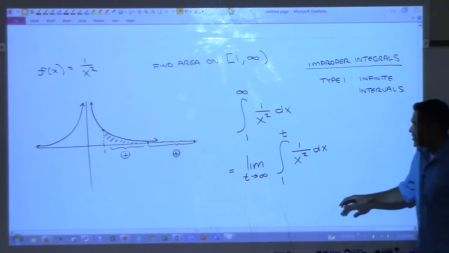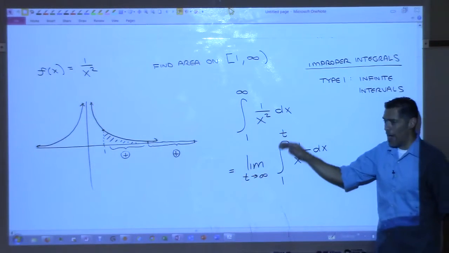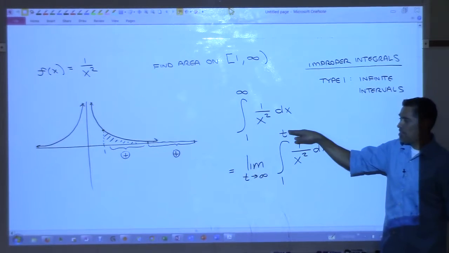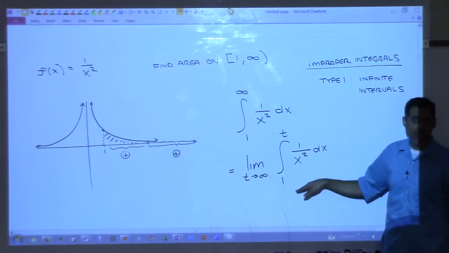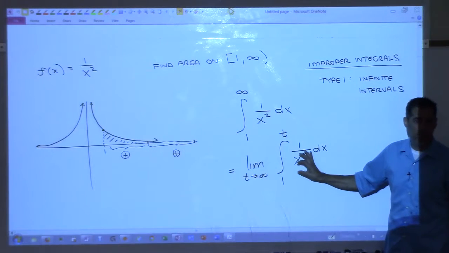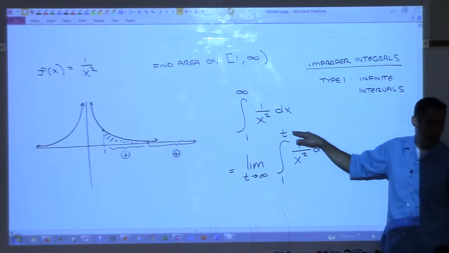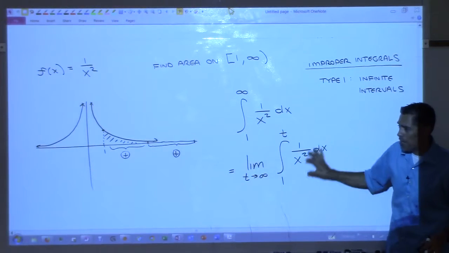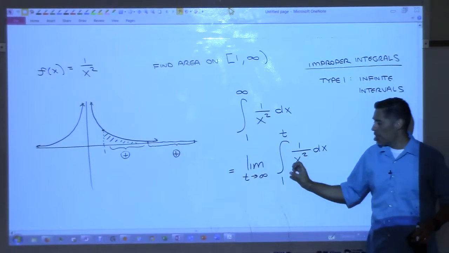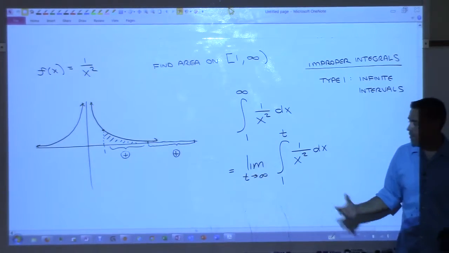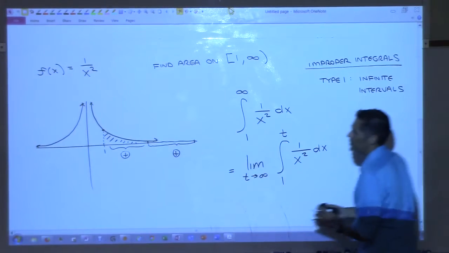So all we said is this: we want to figure out what the area would be if we went from 1 and then stopped at t. We should get an answer for that, shouldn't we? And that answer should have t in it, because t is a variable, so we don't get a numerical result. This should be an expression with t in it, and then we're going to let t go to infinity and see what happens. So now, I'll continue over here.